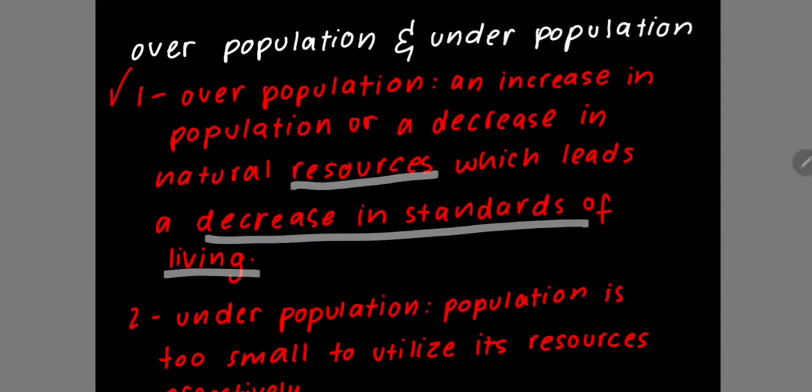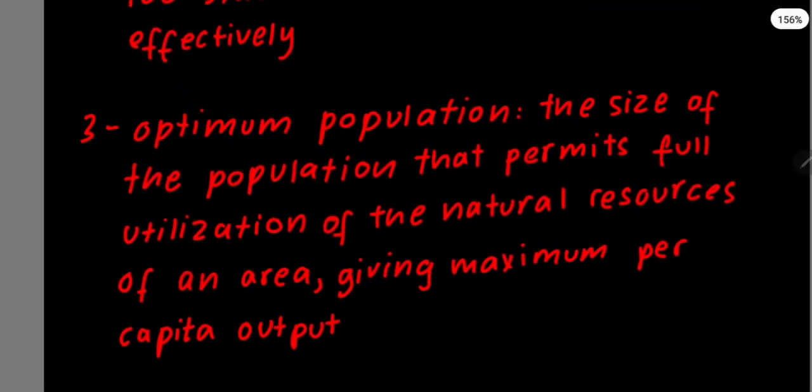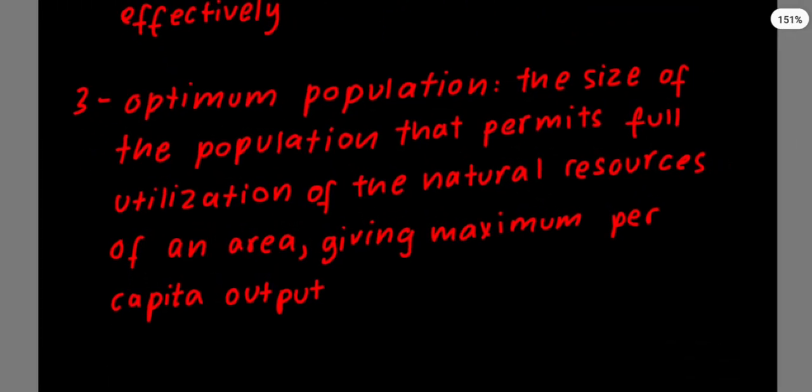Now let's talk about optimum population. So optimum population is the highest average living standards, right?